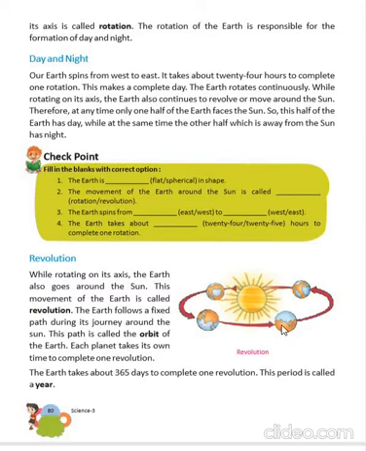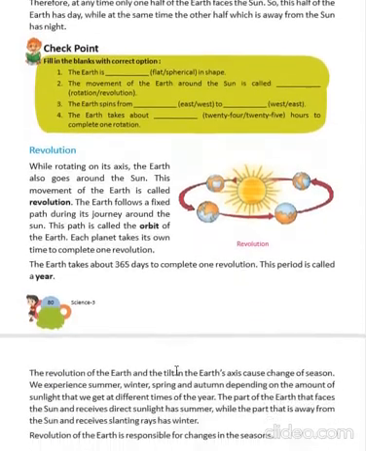This path is called the orbit of the Earth. Each planet takes its own time to complete one revolution. The Earth takes about 365 days to complete one revolution and we call it a year.